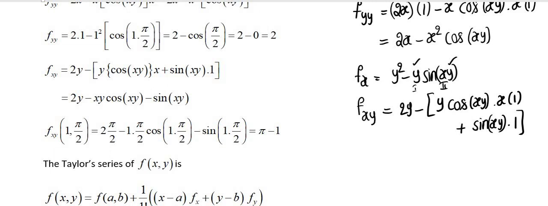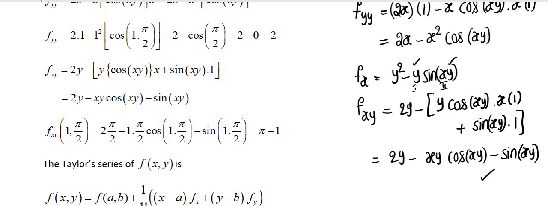So the simplification of this one is 2y minus x into y cos of xy. Here you can observe minus belongs to this term also. So minus into plus is minus sin of xy. So this is the value of fxy.